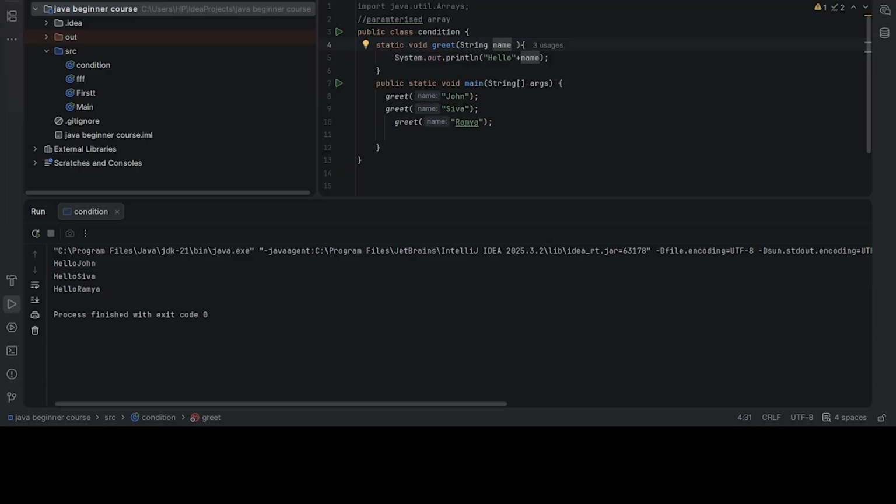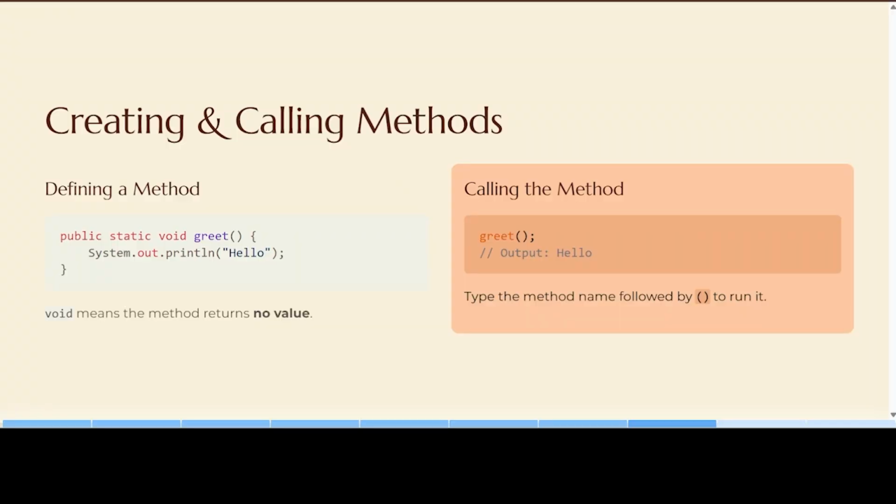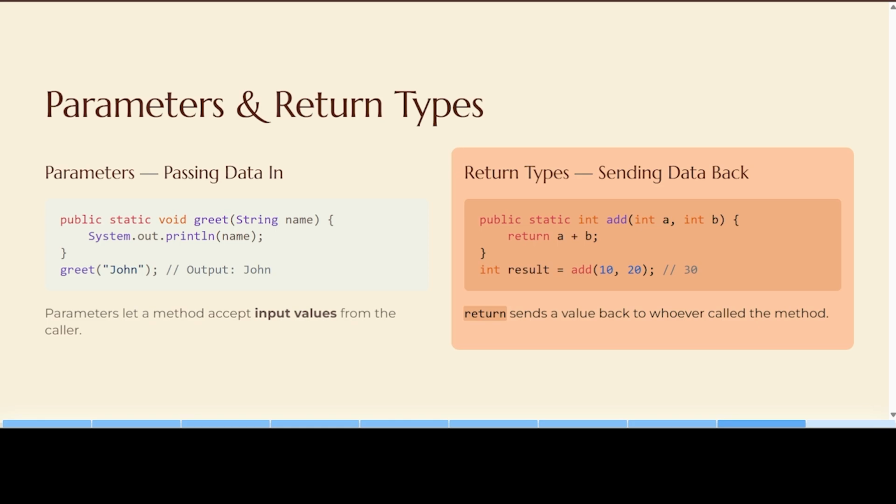Next, we are going to see another concept: parameters and return types. We have seen parameters, where what you give inside the parameter is displayed as output. Then return types. Return types means sending the data back.